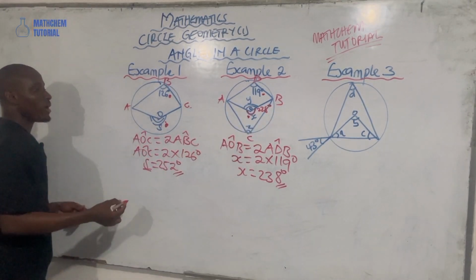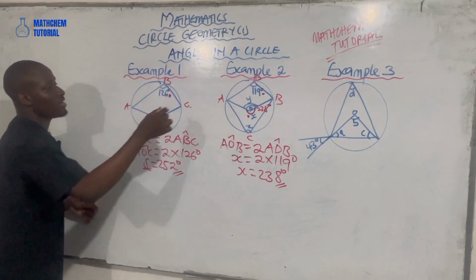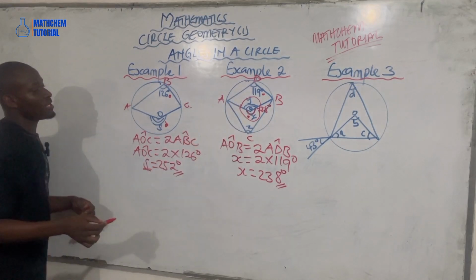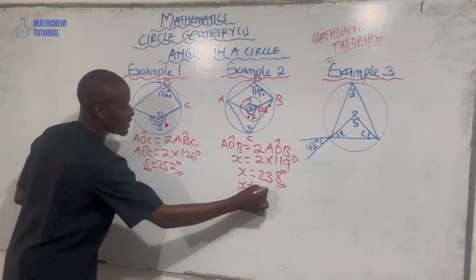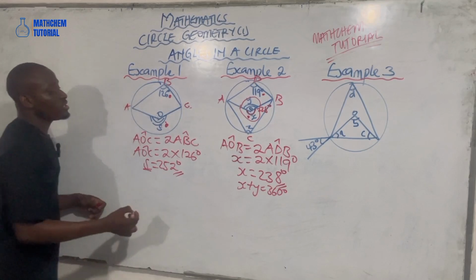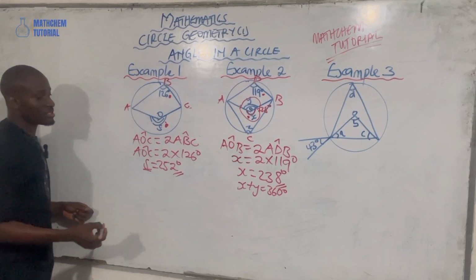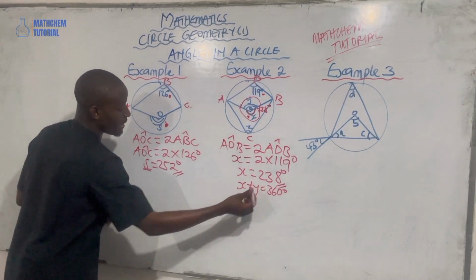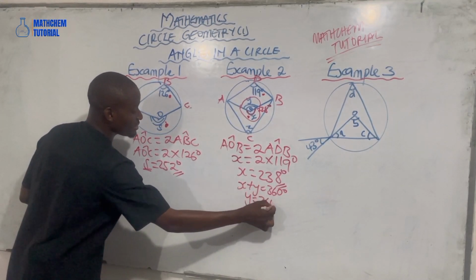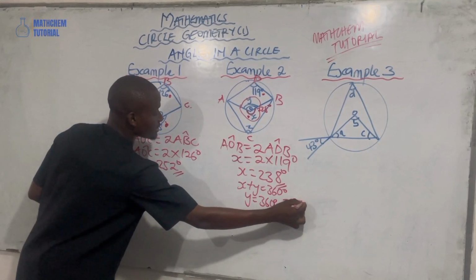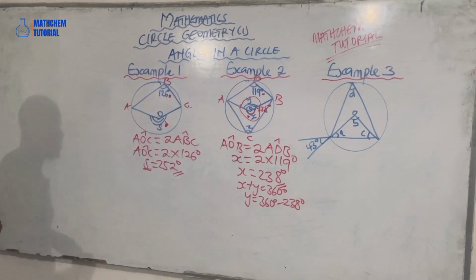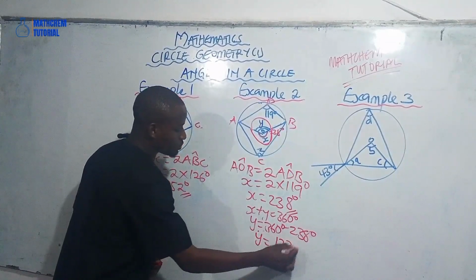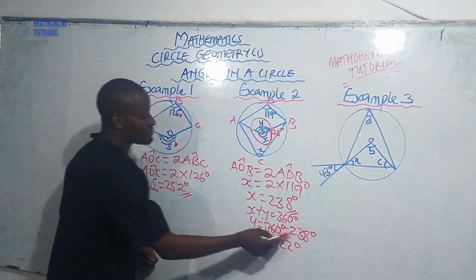Now how do I get my y? Remember in the first example I said when you add all these angles together, it gives you 360 degrees, meaning that x plus y will give you 360 degrees. We already know our x is 238. So if I replace x with 238 and collect like terms, y will be 360 minus 238, which is 122 degrees.